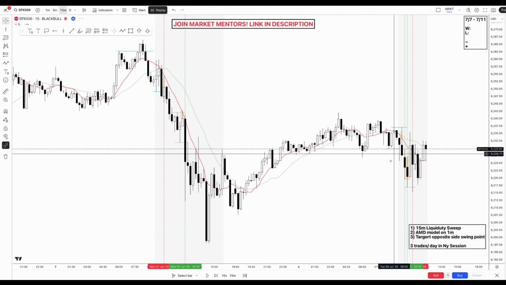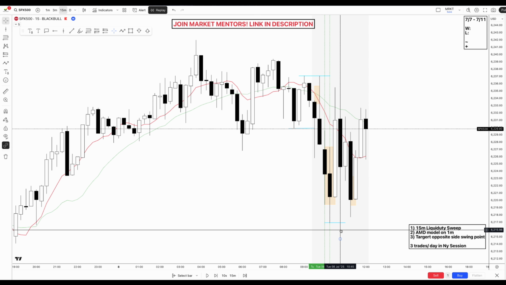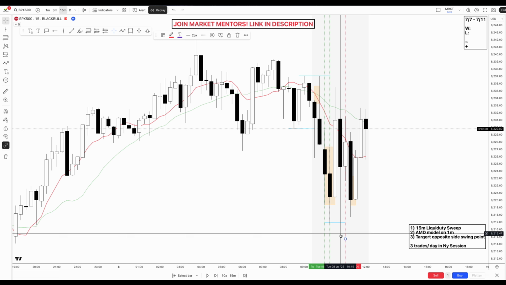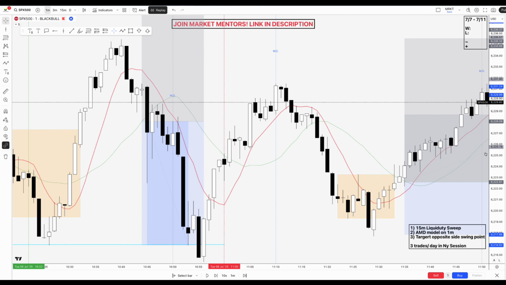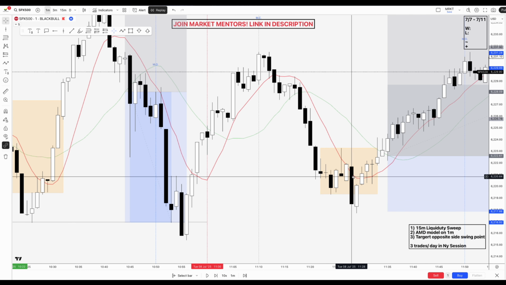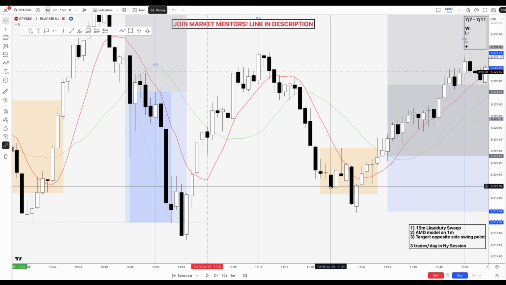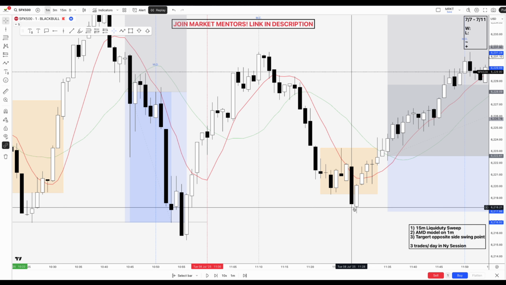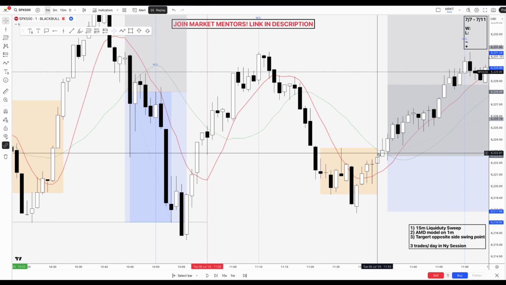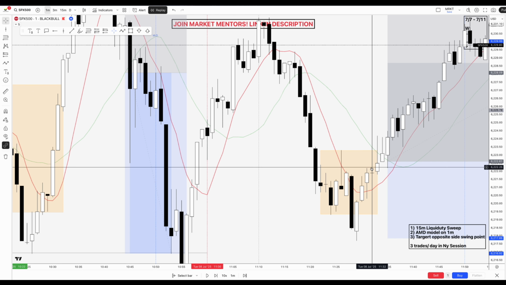You see in the 15-minute time frame a swing low here, but it pushed down and swept that liquidity, and then it formed this next buy. It went up and then formed this AMD model. Accumulates in this range, manipulates to the downside, distributes to the upside, and leaves some imbalance between these candles.